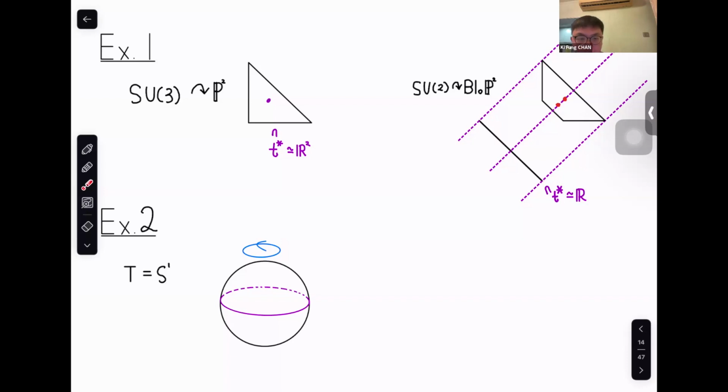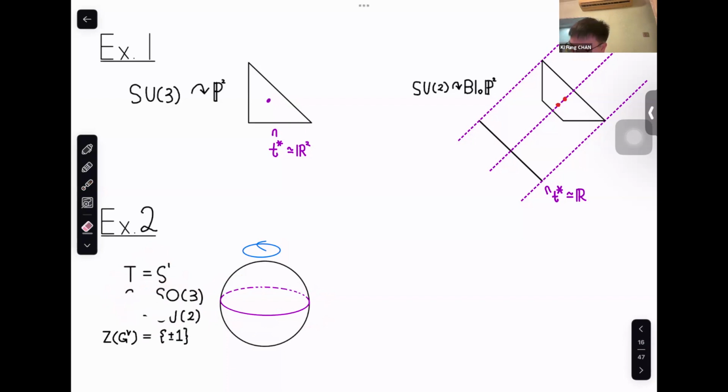Once again, this is the only S1-invariant Lagrangian with zero moment map value. And we also see that the holonomy can only be 1 or -1. This fits with our theorem because the S1 action in fact extends to an SO3 action.